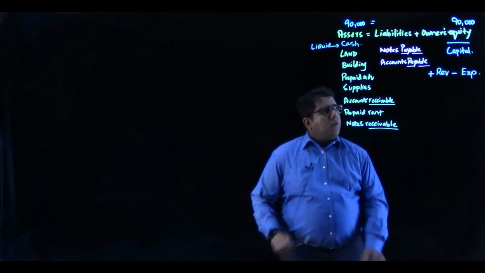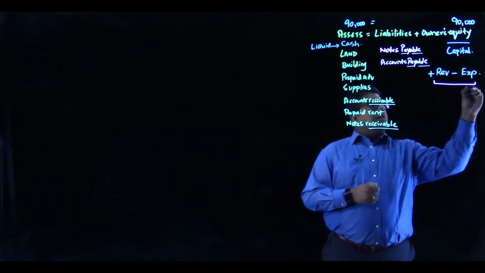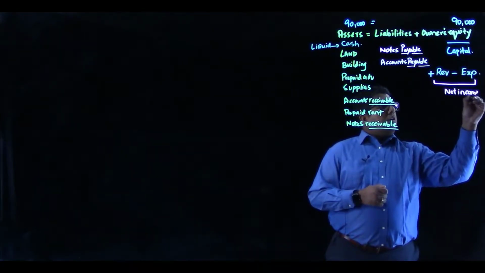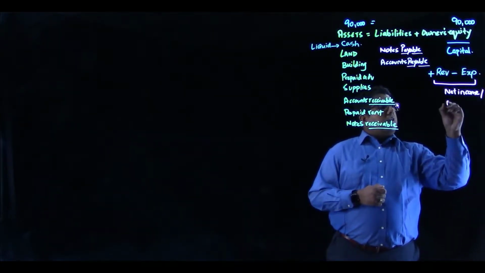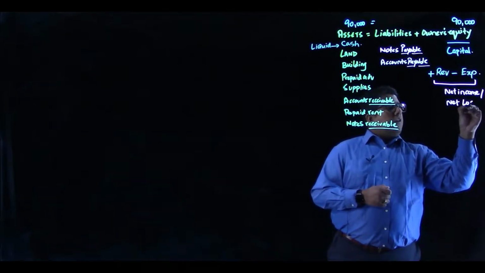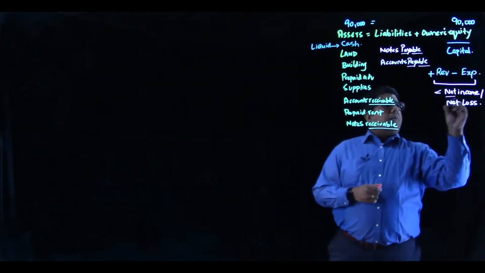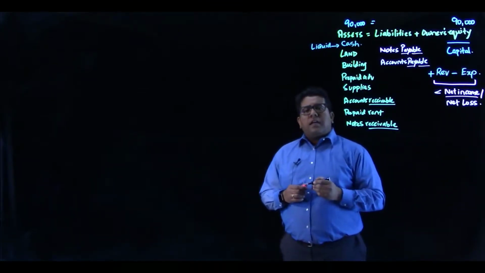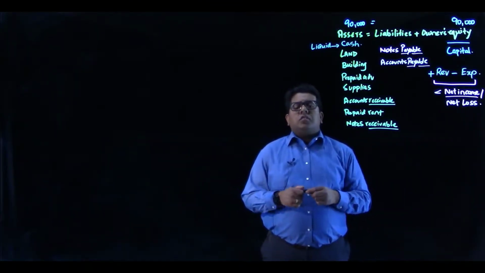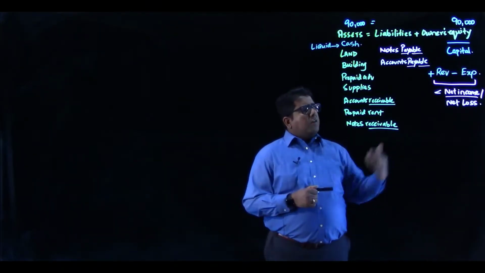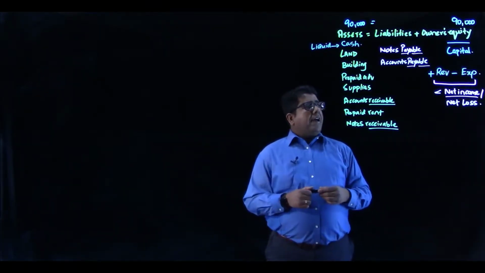It will give you a net income or a net loss. You always want to have the net income. Why? Because you want to make money, right? As a business, your goal is to maximize your wealth. Your business should do well, so you should have an income.